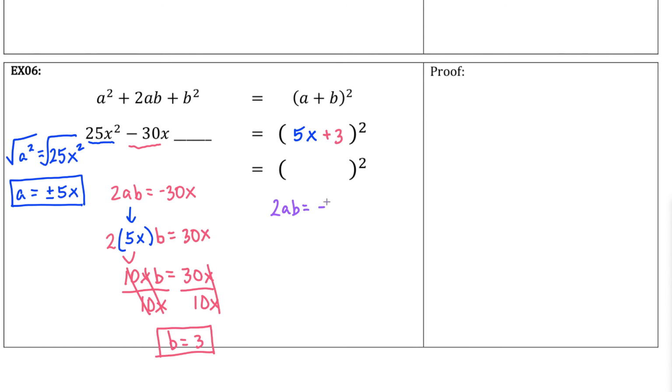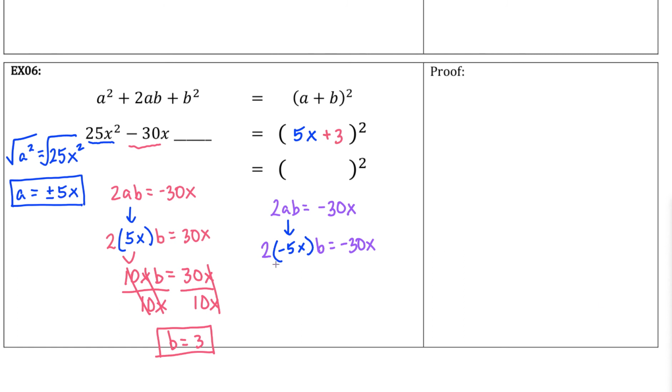equals negative 30x. Let me just write it over, 30x. And this time for a, we will make it negative 5x. So we get 2 times negative 5x times b equals negative 30x.